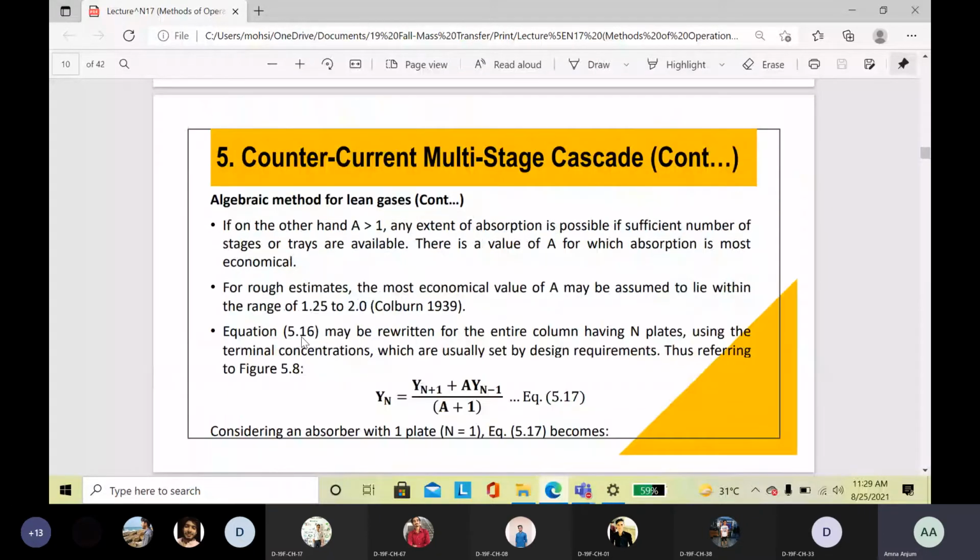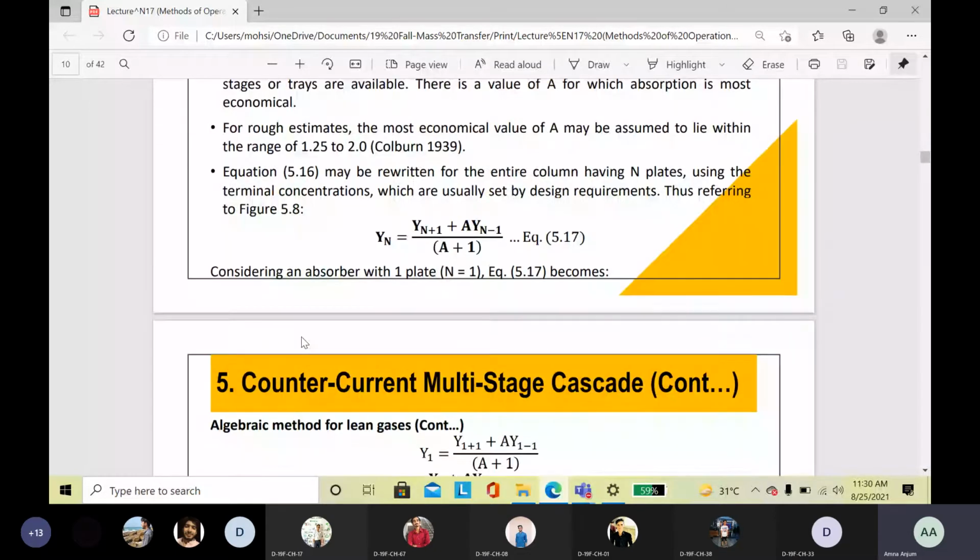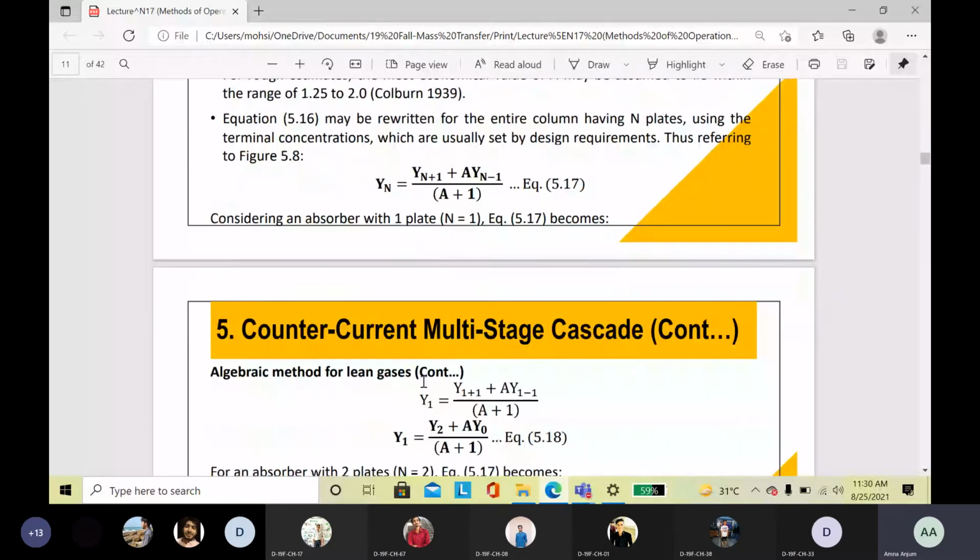Consider an absorber with one plate. Then n will be 1. How can we write equation 5.17? When plate is 1, that is n is 1, y1 equals y2 plus A y0 over A plus 1.